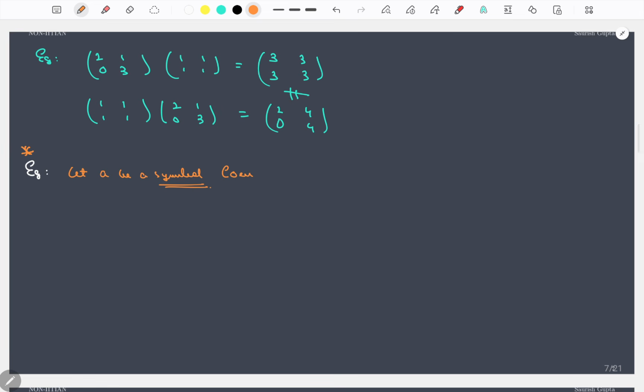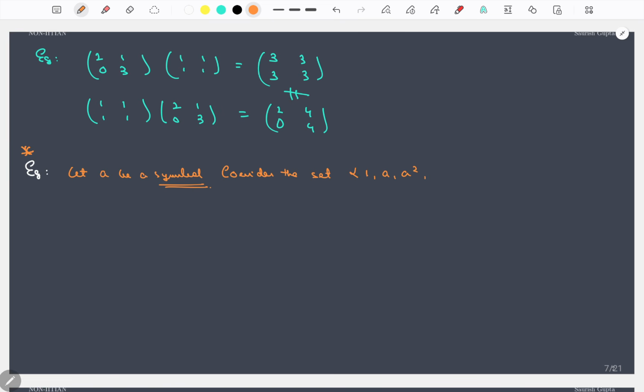Consider the set. So what we do is we take 1. Again, 1 has no meaning attached to it. We'll see how 1 works. So consider the set 1, A, and then keep multiplying A to itself. So I'll get A squared.